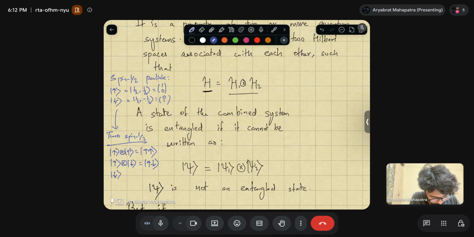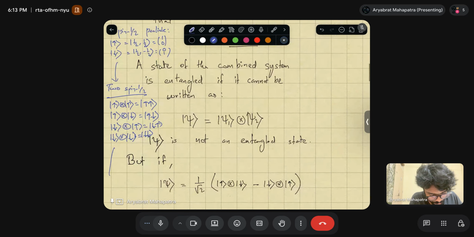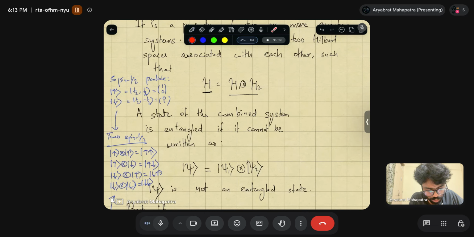So we see these are composite states. Earlier, when we were talking about only one spin half particle, which had only an up state and a down state, these were the only available states that defined that respective Hilbert space.